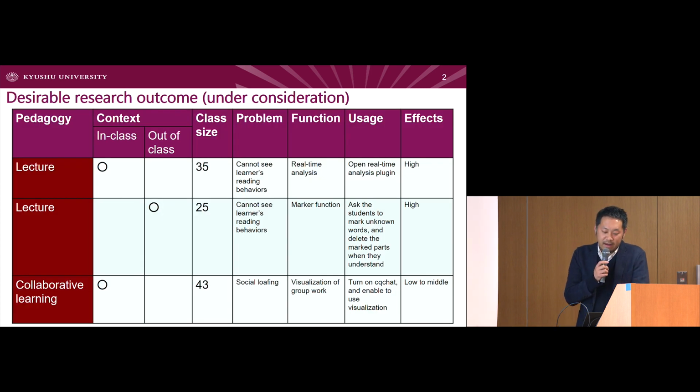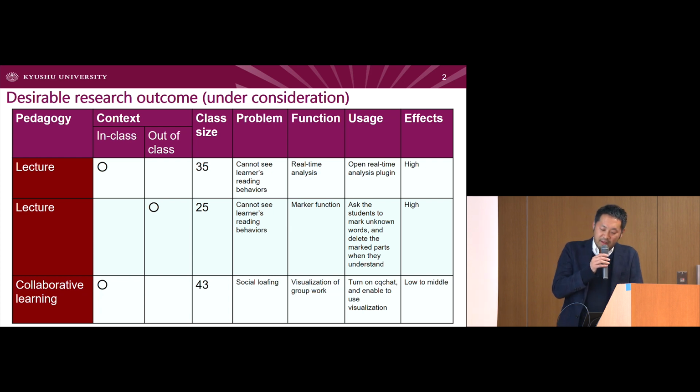This is one of the desirable research outcomes that we want to build as a result of this research project. We try to build this matrix based on the data collected in class using the LA platform that Dr. Ogata and Dr. Shimada developed.